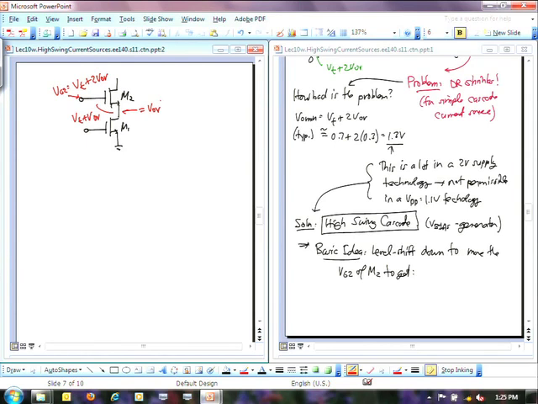Okay? And this device here will have across it VOV, and that device here can have across it VOV, which means that my V output minimum returns to 2 VOV. And that's what we want.